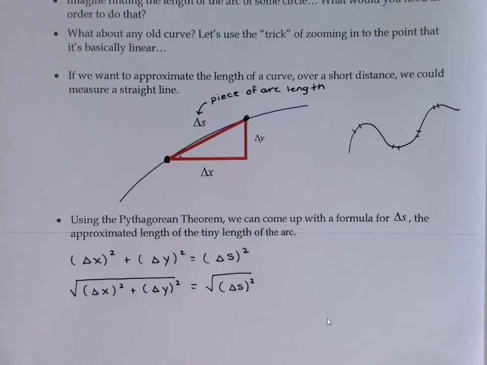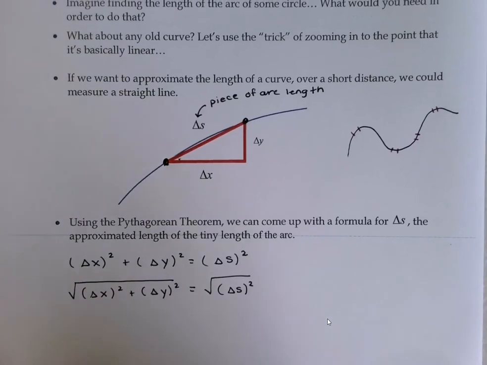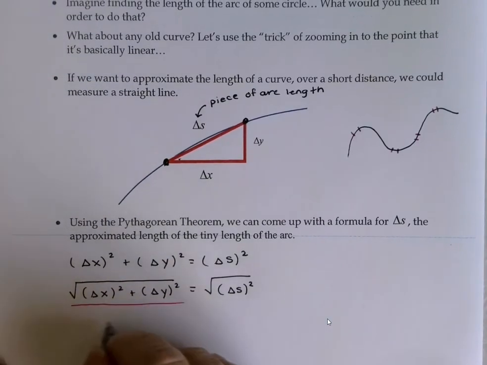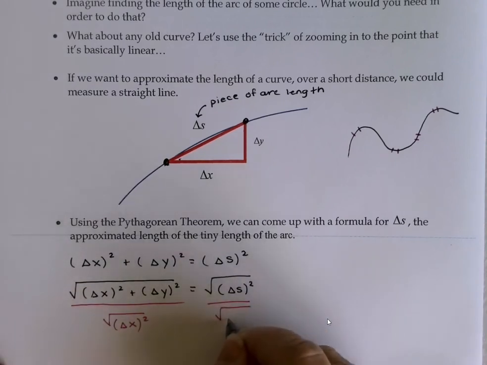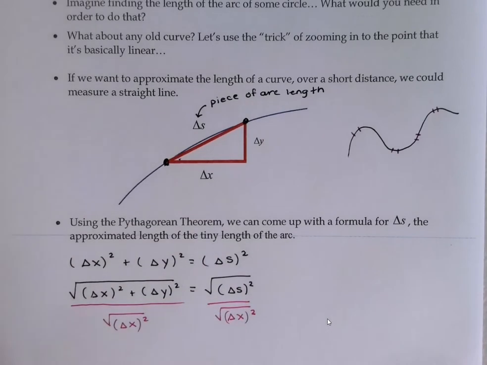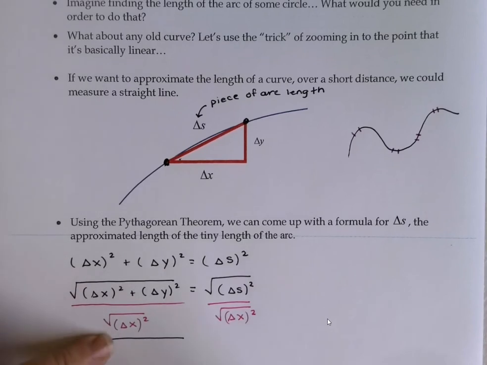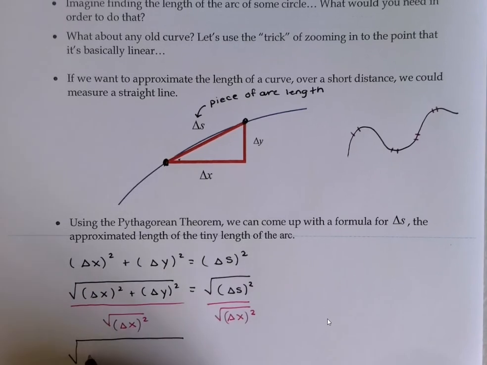Next thing I'd like to do is divide through this equation, both sides, by the square root of delta x squared. On the left-hand side, I'm going to divide both terms under the radical. So delta x squared divided by delta x squared would just be 1.